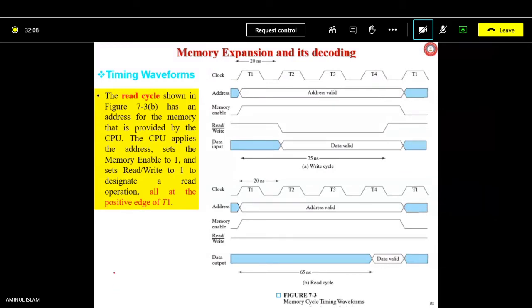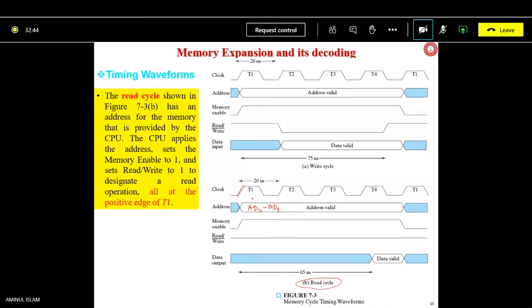Now the read cycle timing diagram we will be looking at. See here also, on the rising edge of T1, the address is made valid, meaning the processor has sent the address to the memory decoder. In case of the 8085 processor, it will go through pins AD0 to AD7, the lower byte.